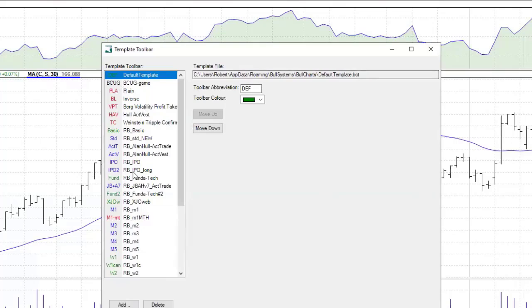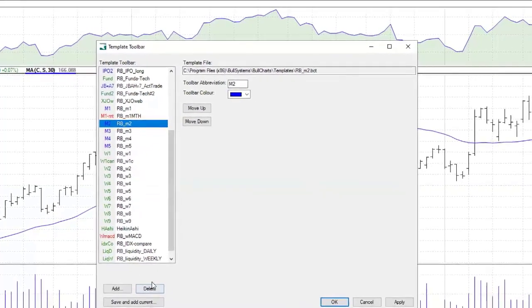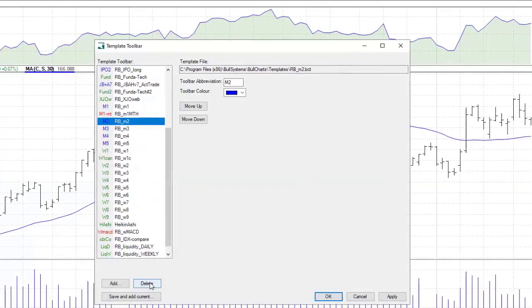And what I've got here is a list of all of the toolbar buttons I've got across my template toolbar. Now, it's easy enough to add one to this list or to delete one inadvertently. You can click on any one and down near the bottom corner here, click on delete, and it'll be gone off the toolbar, but it'll still exist on your hard drive.